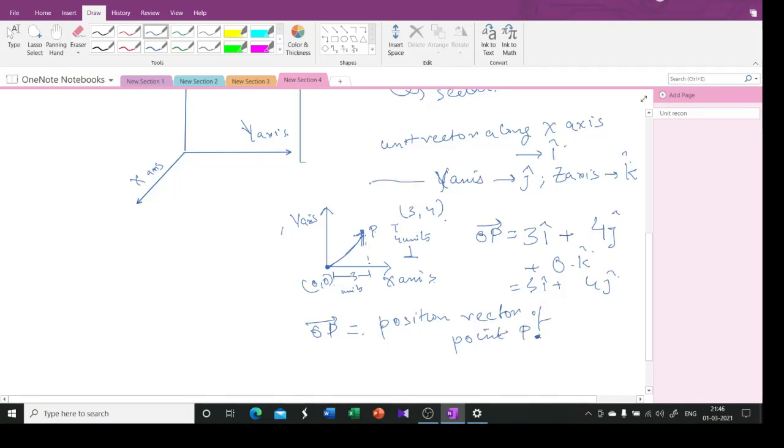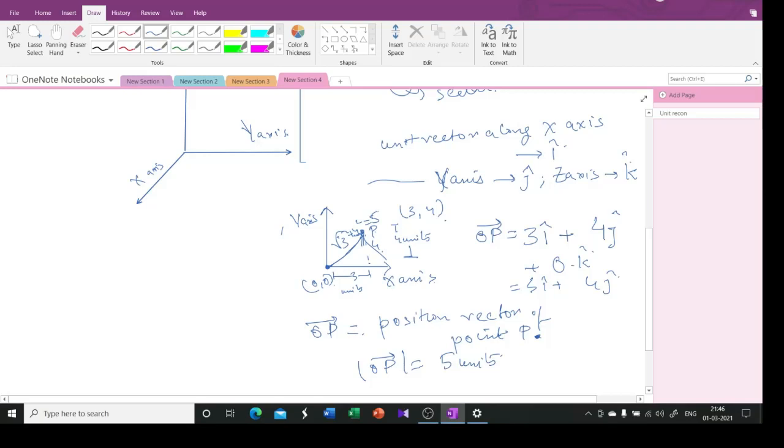Also, what is the magnitude of this vector OP? It's 3 and 4, so use Pythagoras theorem: 3 squared plus 4 squared. So it's simply 5. The magnitude of OP is 5 units.